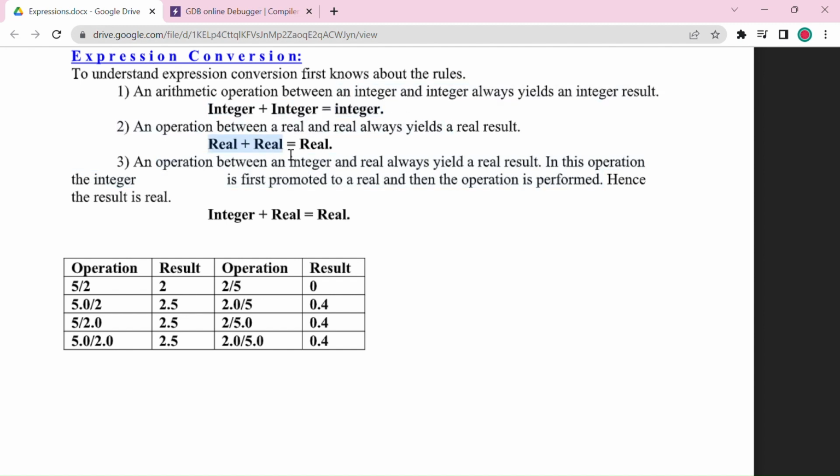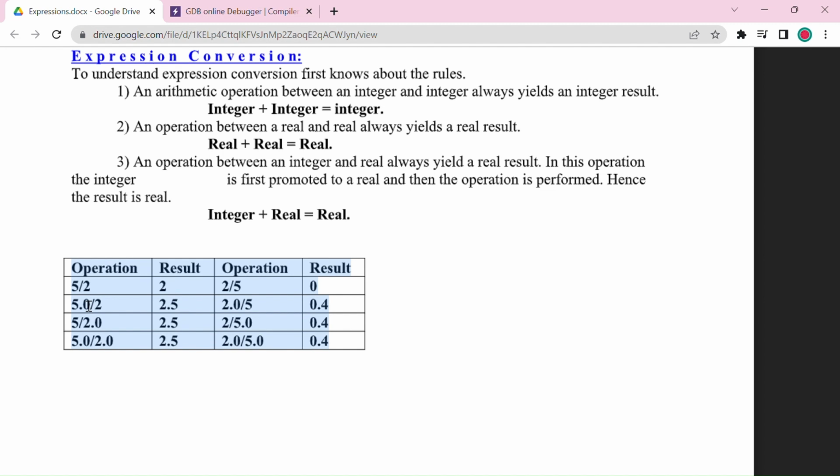If you're doing it between real, or you can say float values, it's going to give you a float output. And if you're doing it between an integer and a float or real, it's obviously going to give you a real value. That's really obvious, okay? So you can consider this table for your understanding.